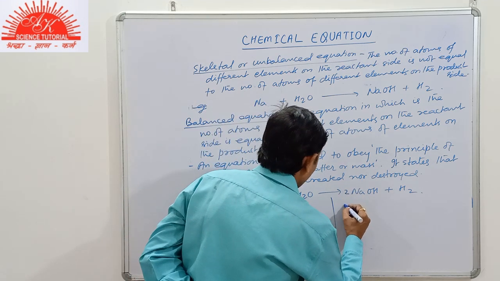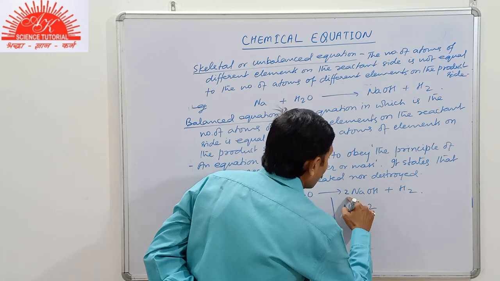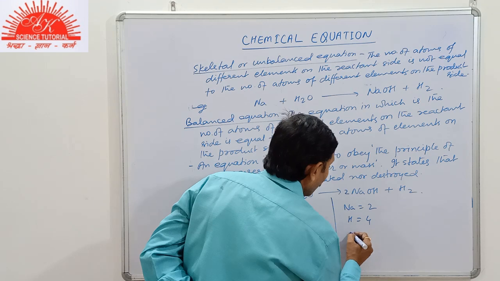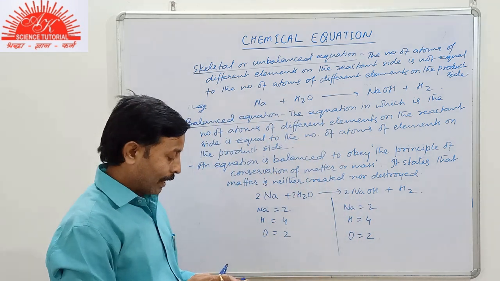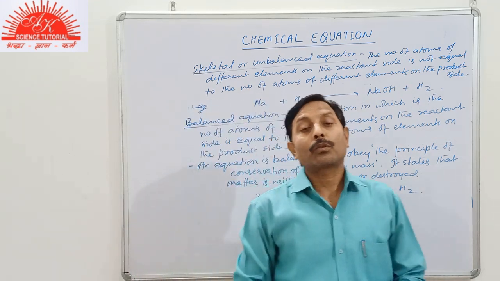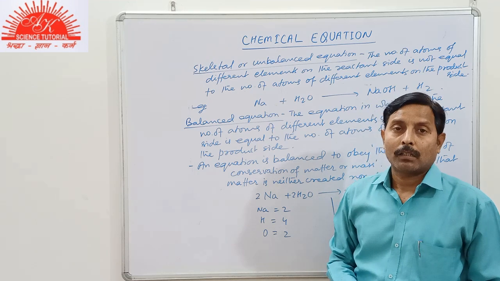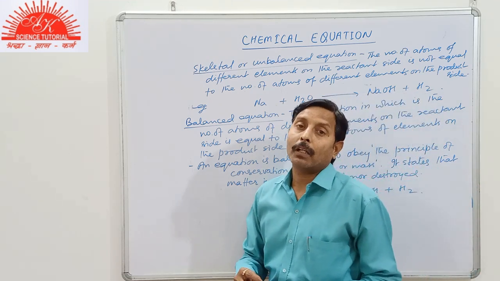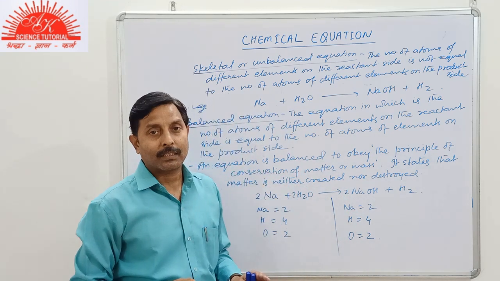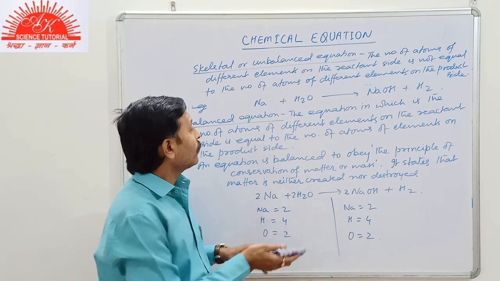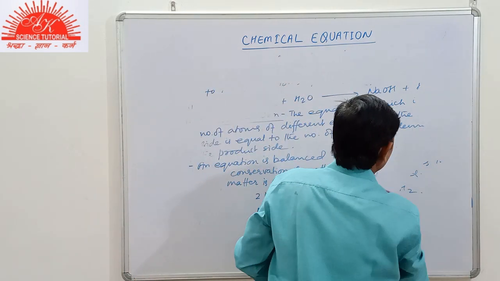On this side also, sodium 2, hydrogen 2 from here and 2 from here, 4, and oxygen 2. So now the equation is balanced. Students, a chemical equation must be balanced according to the principle of conservation of matter or mass. Clear, students? So this was a balanced chemical equation.